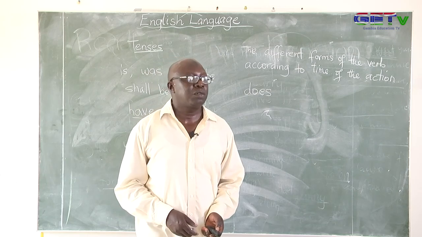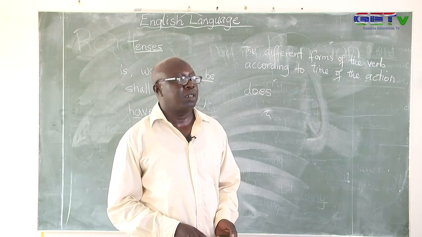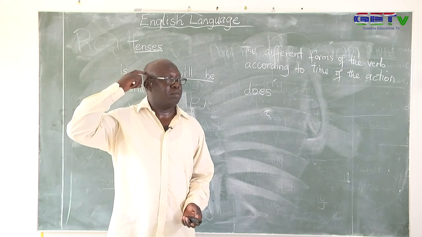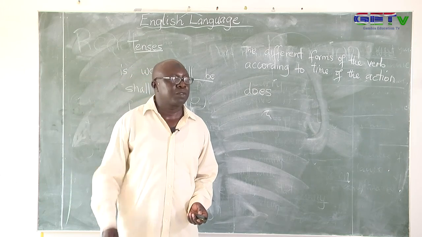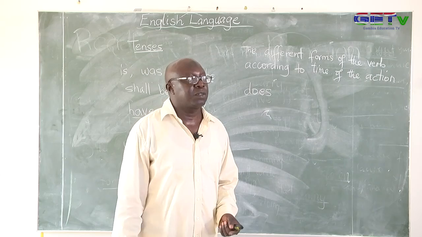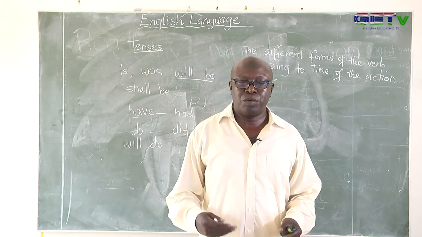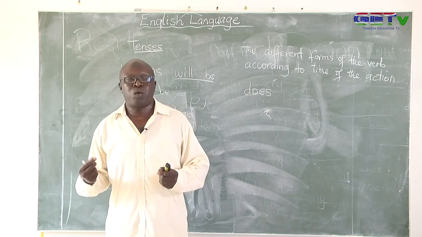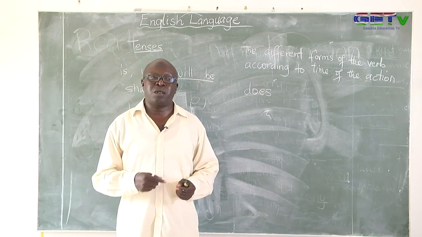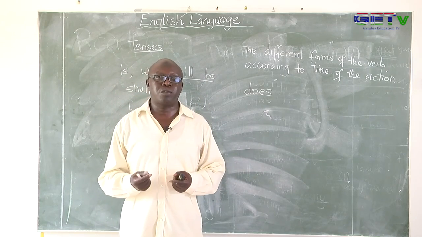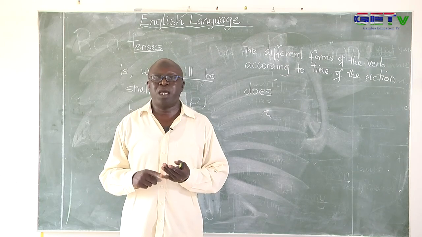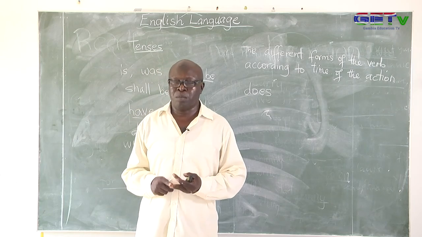But before we close, let's have a quick look at the important points here. We say verbs are words that we do or words that express actions. But whenever we use verbs in our sentences or in our speeches, we bear in mind the time the action happens.